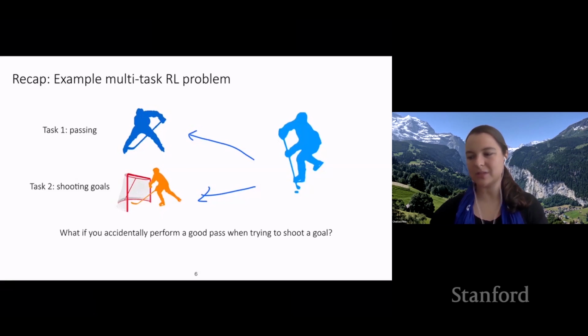So the intuition is that it allows you to share data across different goals, and it gives you reward signal for things that you accomplished by accident when trying to solve a different task.